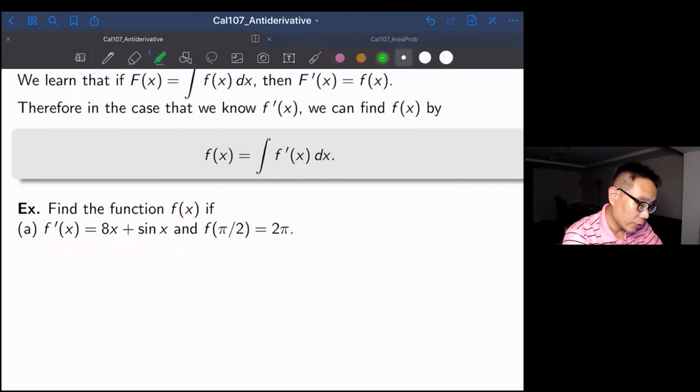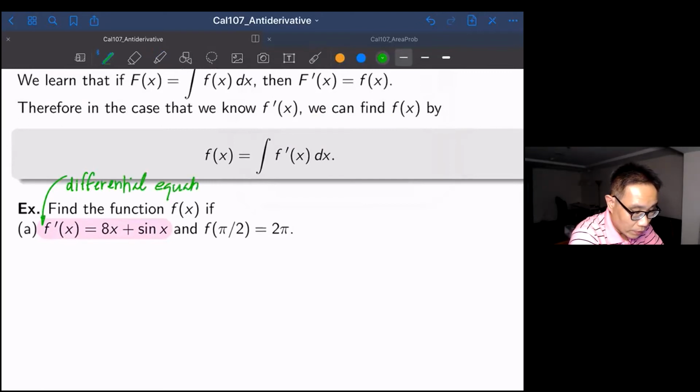This equation that we have here that you are asking to solve for f, okay? So this thing is called differential equation. Okay, and this guy asks you to solve for f.